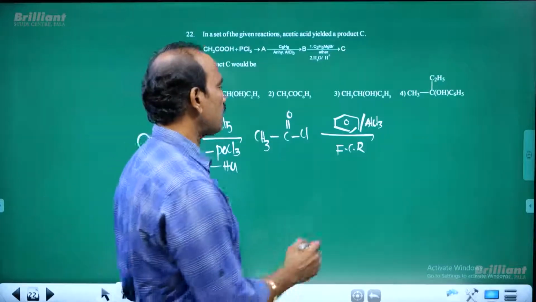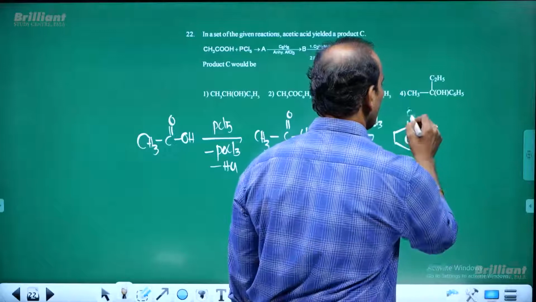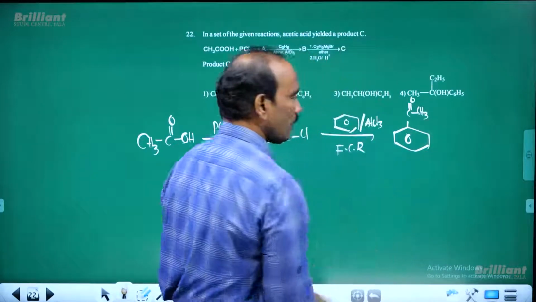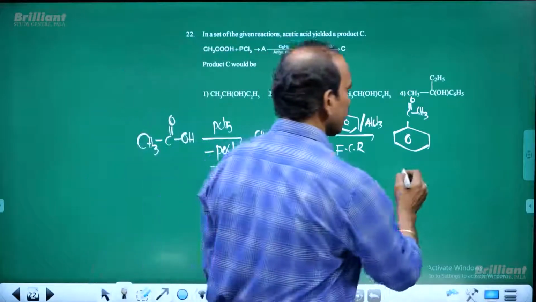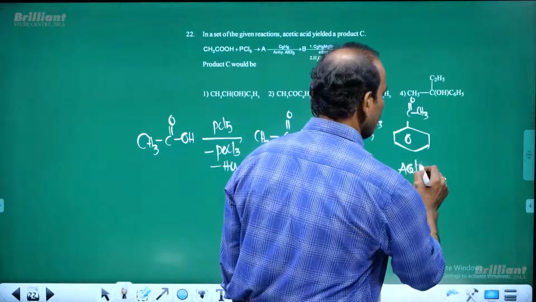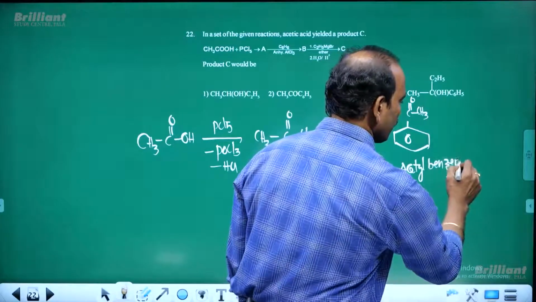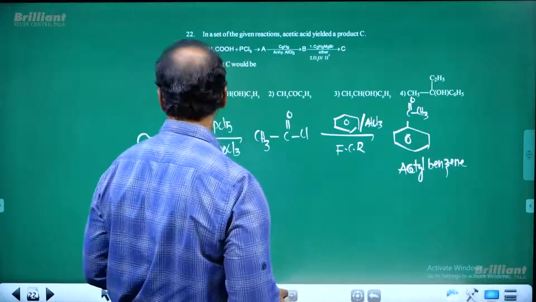Friedel-Crafts acetylation. So what is the product? Acetophenone, C double bond O, CH3. This is acetophenone. Sorry, acetyl benzene. Then it is treated with a Grignard reagent.